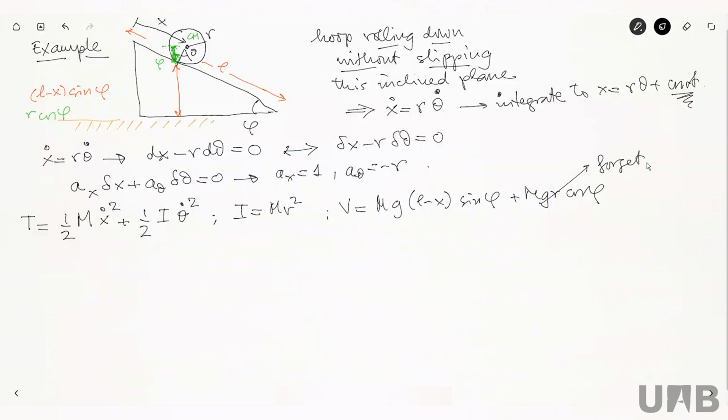They are not going to affect the equations of motion. Now the Lagrangian is T minus V, as usual. And so this is 1/2 m x dot squared plus 1/2 m r squared theta dot squared minus m g (L minus x) sine of phi, plus a constant, if you wish.